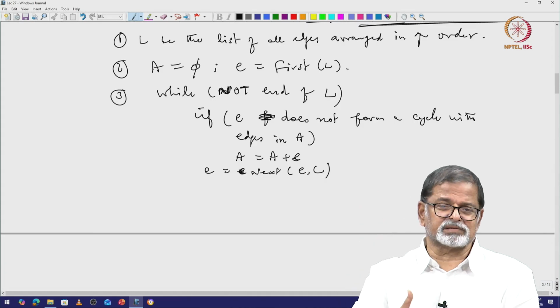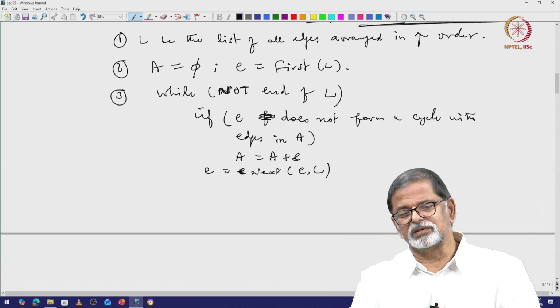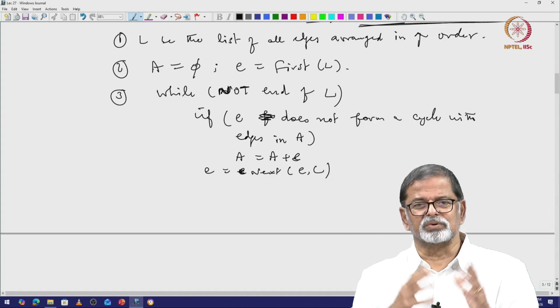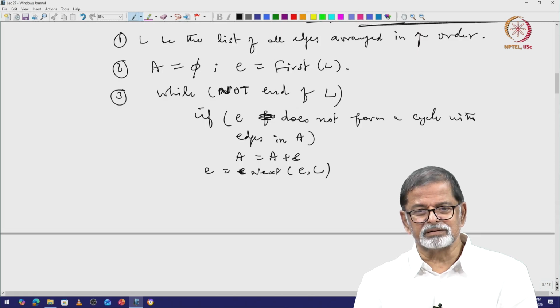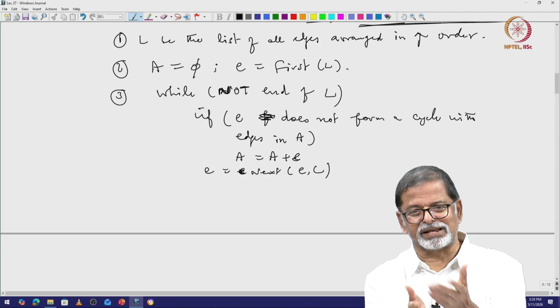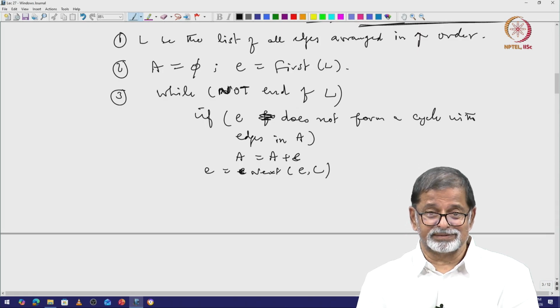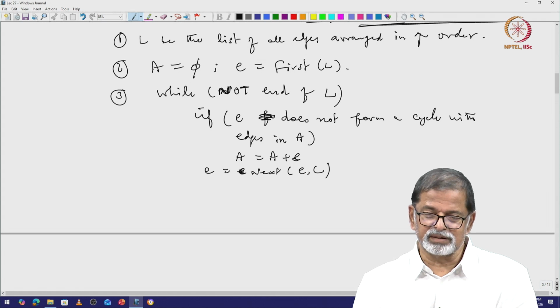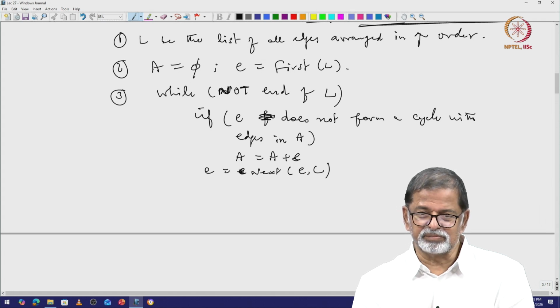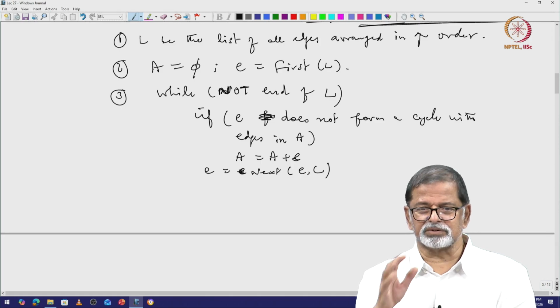There may be some other spanning tree with a cheaper cost. So, we need to argue that the set of edges collected in this way in A is a tree, and so on.